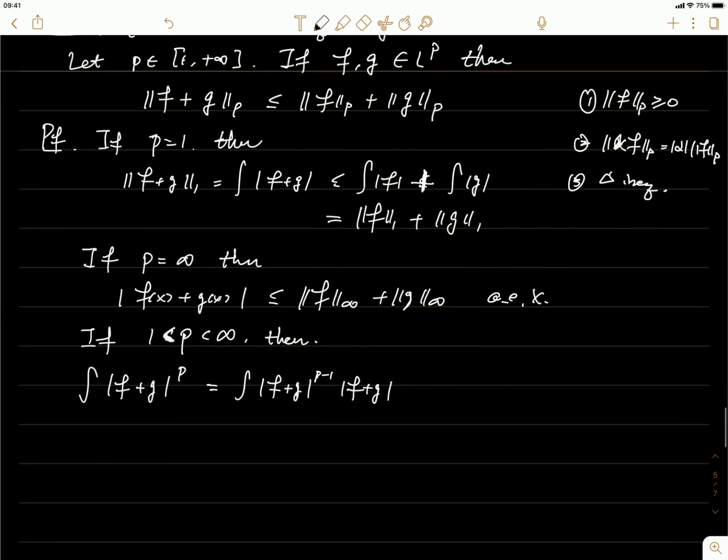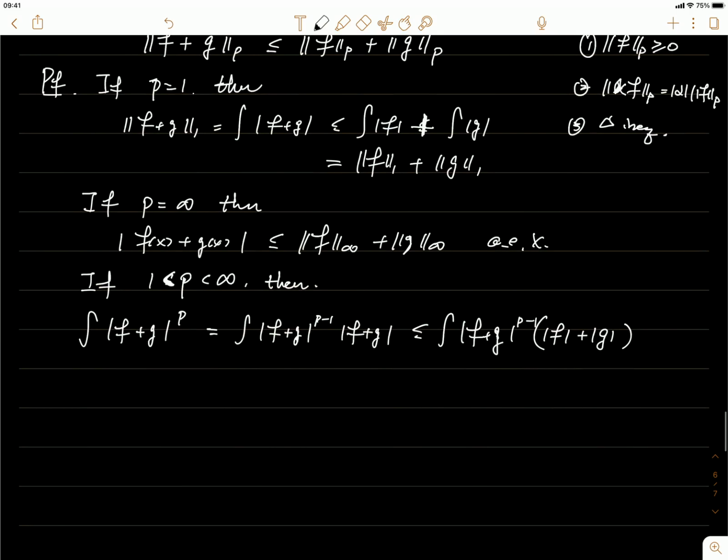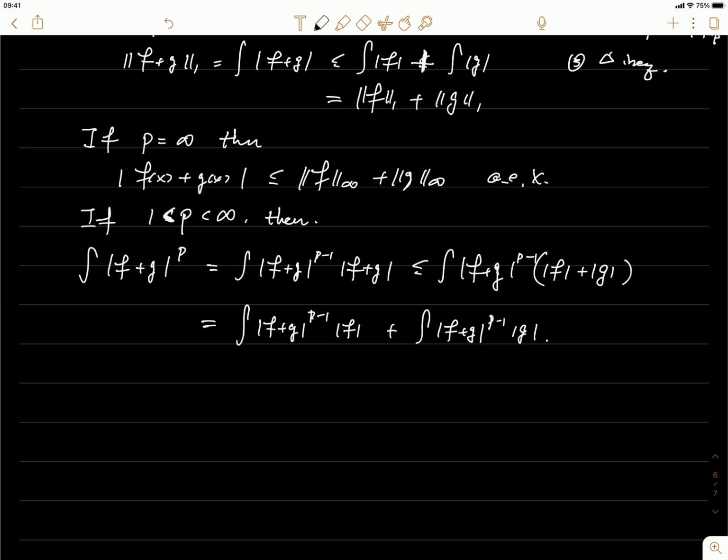And then this is less than or equal to the same thing here, but I'm going to use the triangle inequality on the second term. Now I have two terms: |f plus g| to the p minus 1 times |f|, and |f plus g| to the p minus 1 times |g|. I need to estimate one of them, and the other one is similar. Now recall |f plus g|^(p-1) times |f|.